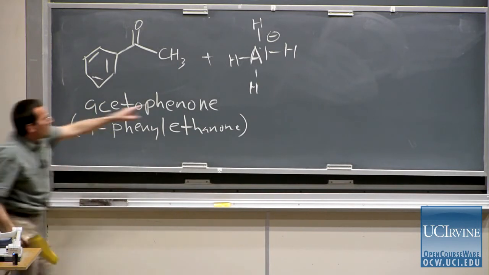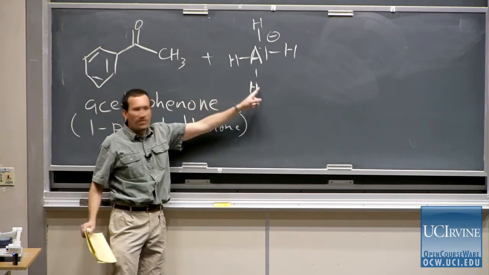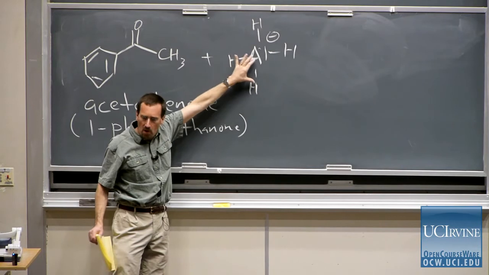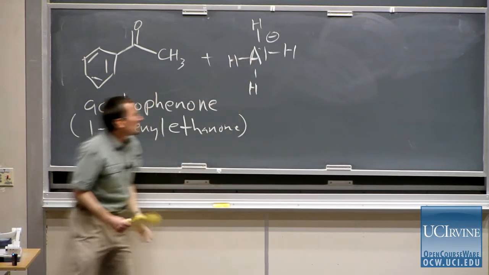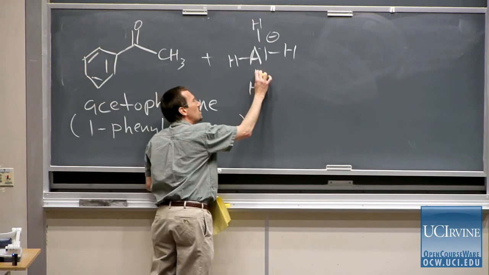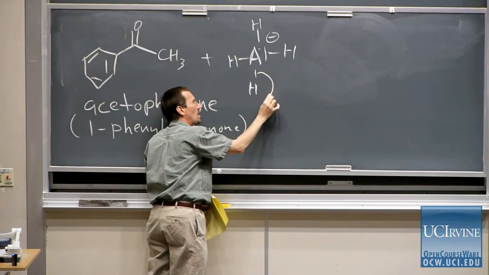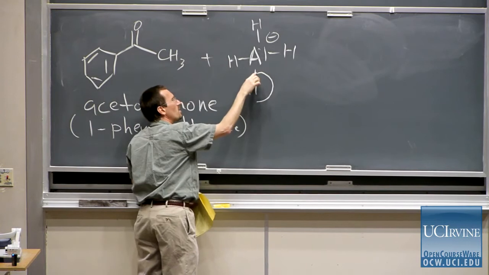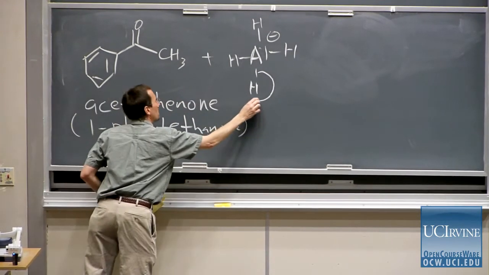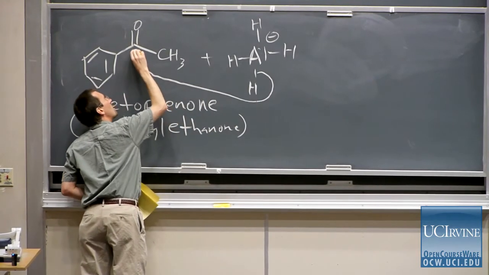As I said, aluminum is more electropositive than hydrogen. The bond between them is covalent, but it's a polar covalent bond. And we can think of it almost as H-, or another way is we can think of the electrons as flowing from the bond between aluminum and hydrogen onto the carbonyl carbon, toward the carbonyl carbon.